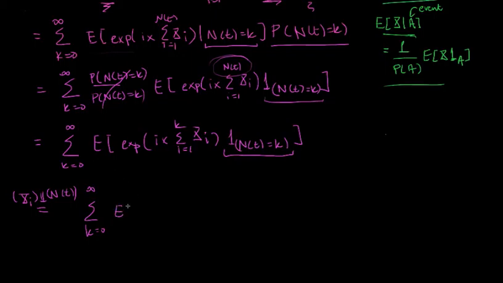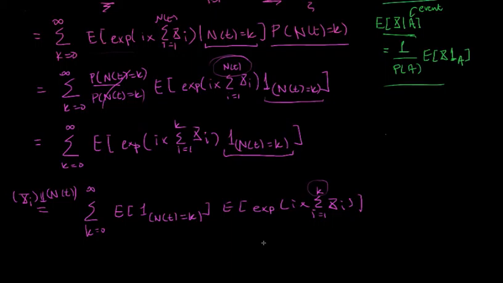So I will have the mean of the indicator that N(t) is equal to k, multiplied by the mean of this thing here. And what's nice about this? Well, the thing that's nice about it is that now I have removed the N(t) from the top of the sum.